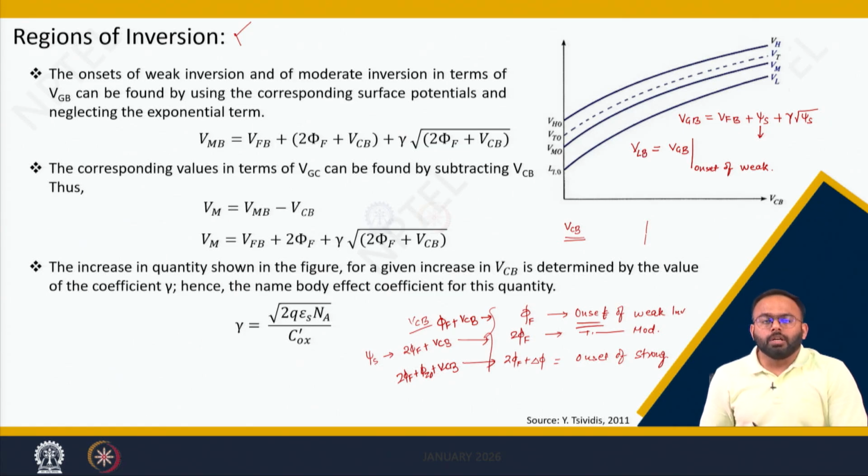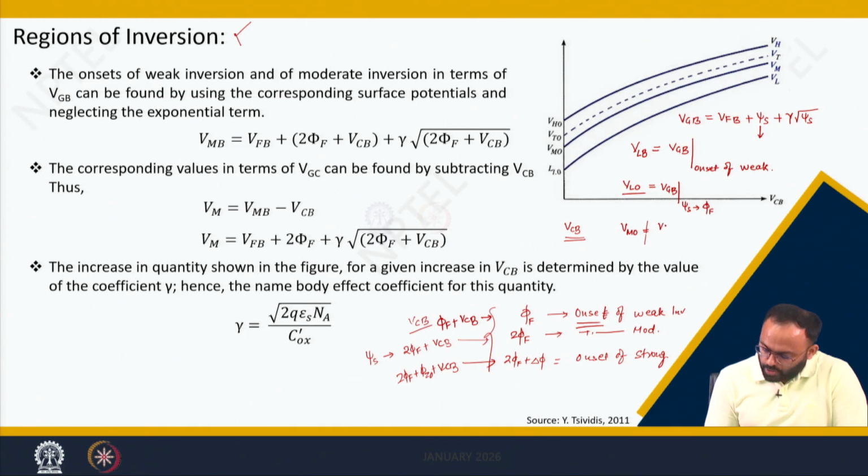Earlier, if you remember, we defined VLO, which is the value of gate to body voltage when the surface potential is equal to phi F. Similarly, we defined VMO as the gate to body voltage when the surface potential is 2 phi F. But now the surface potential is phi F plus VCB to get the onset of weak inversion.